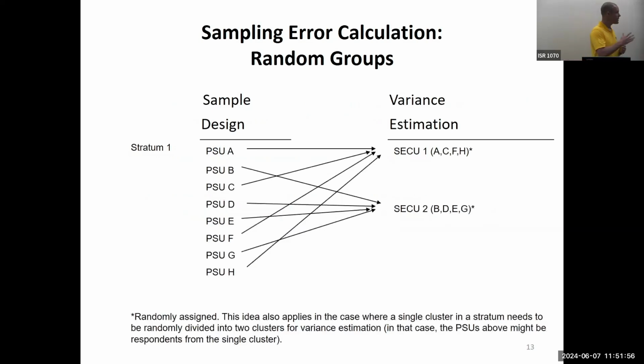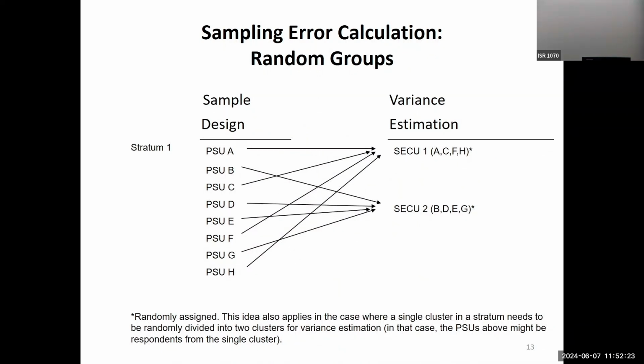So this might be an example of random groups where in a given stratum that had 8 PSUs, again, no problem. We can estimate variance based on these 8 PSUs. We could have released this to the public if we wanted to. But again, due to sample size issues or subgroup estimation, whatever the case may be, the ultimate clusters from these PSUs are combined at random into these larger groups.